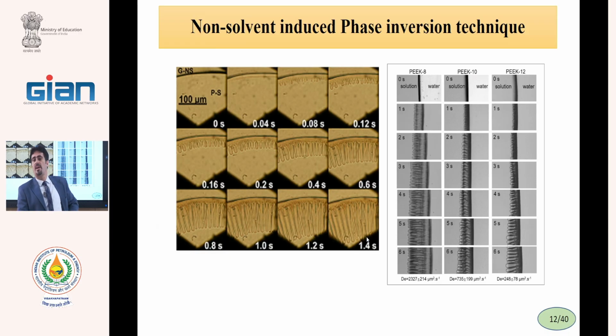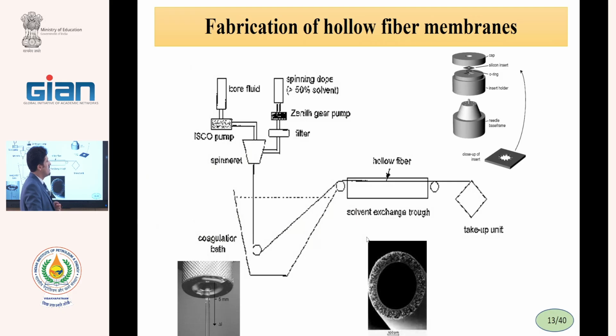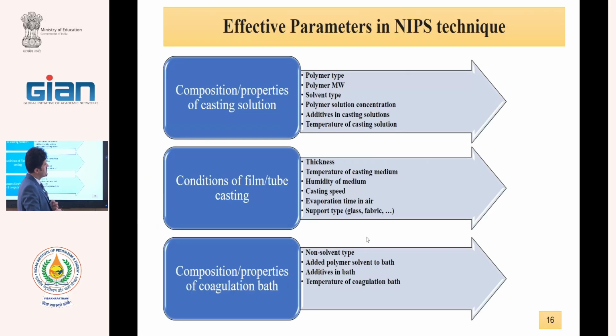Therefore, in these photographs, we can see the phase inversion process is very rapid, and the exchange rate can be changed by solvent type, polymer type, temperature, polymer concentration, and many other properties. There are 16 parameters that should be controlled in fabrication of the phase inversion membranes.